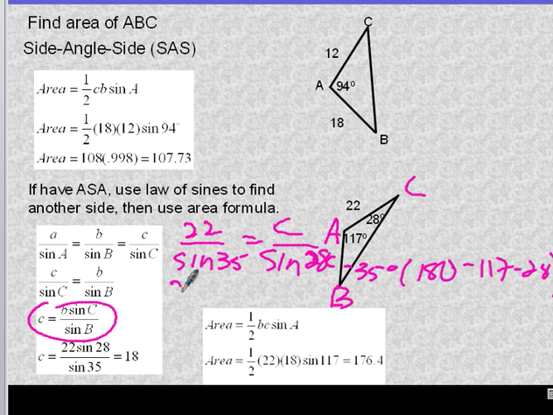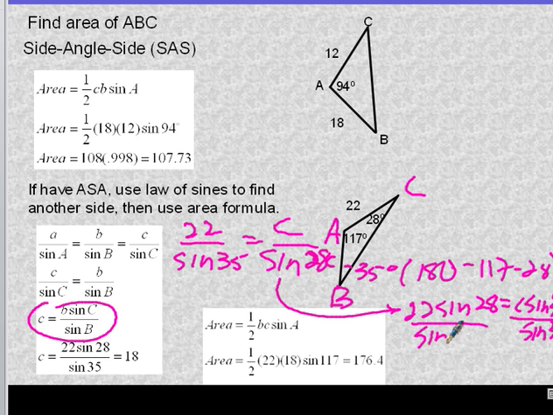Cross multiply, and when I cross multiply, I get 22 times the sine of 28 equals c times the sine of 35. And now I divide both sides by sine of 35 to solve for c.